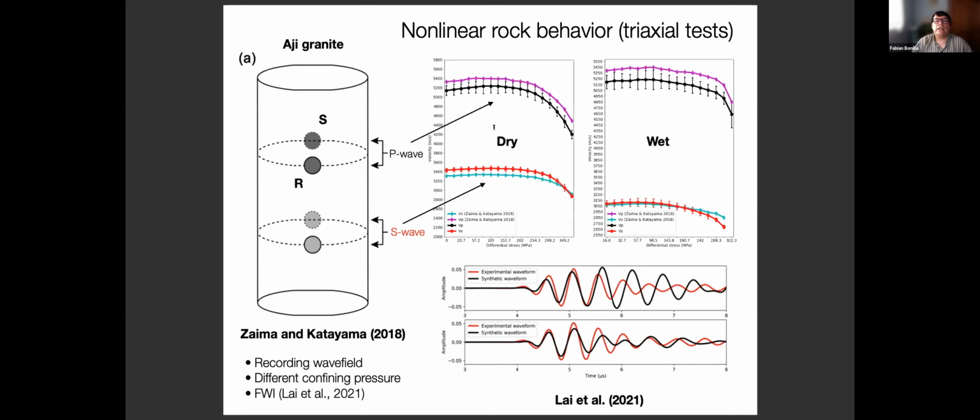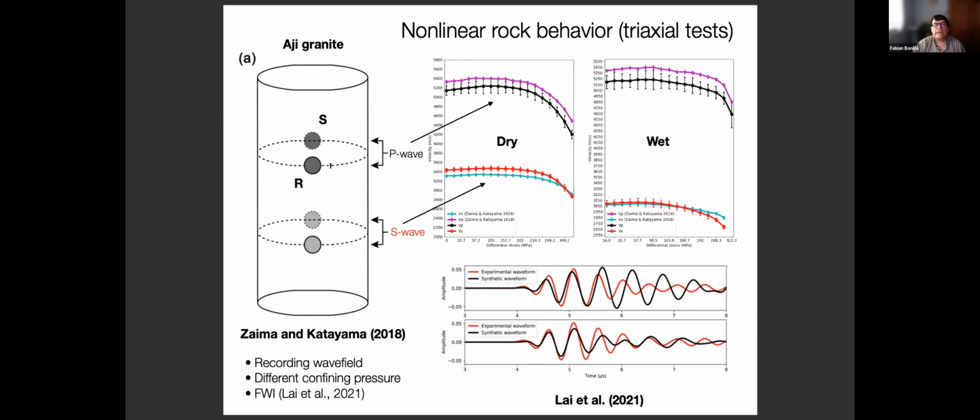Now, there are some other experiments. This was done by some colleagues in Japan, at Fukushima University, Katayama-san, where they used Aji granite. They have samples where they are able to produce a small source impulse and record it, with polarization in order to get the P wave and also the S wave.